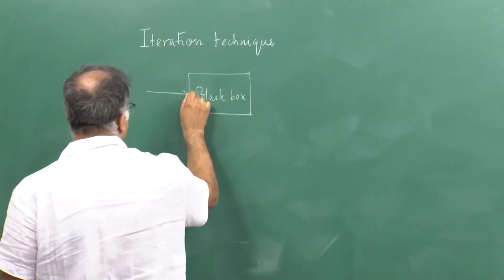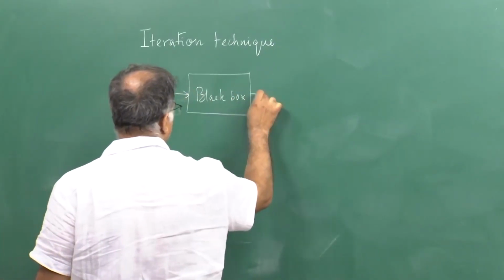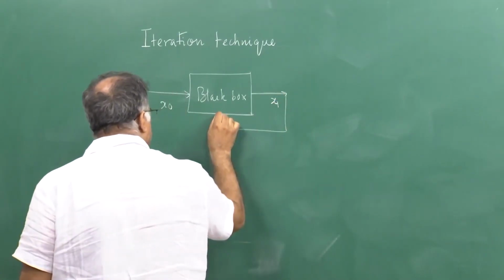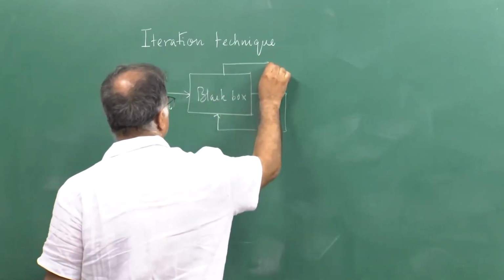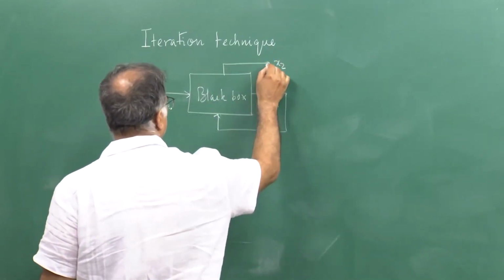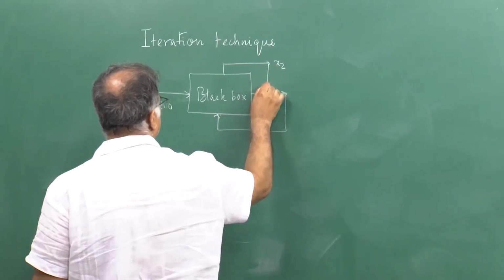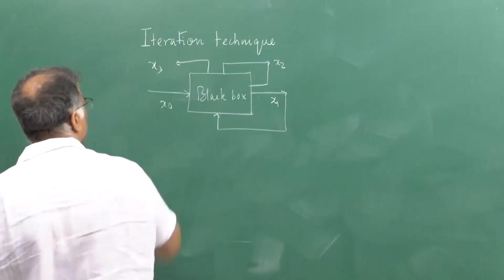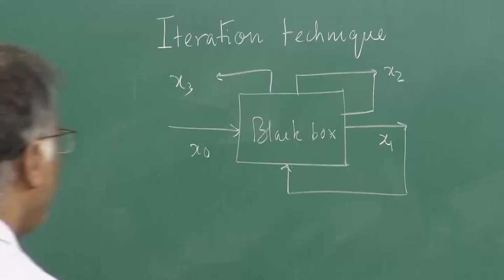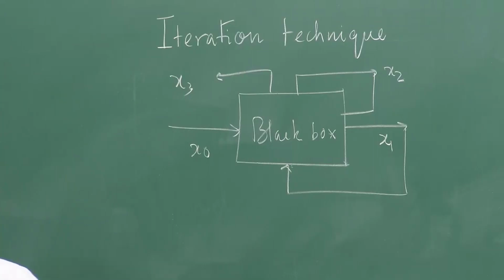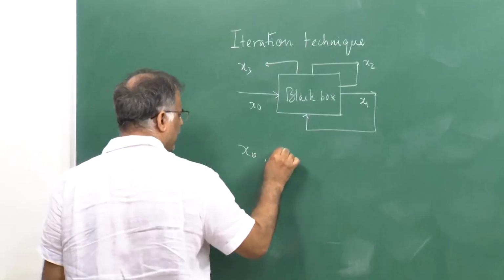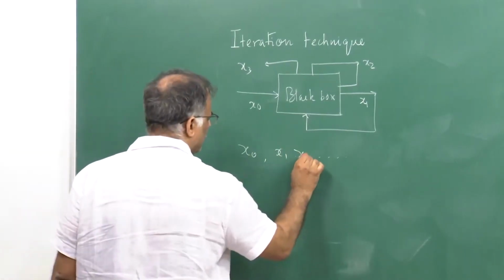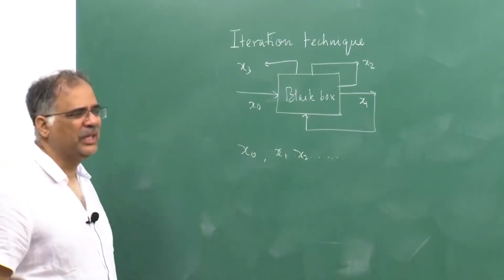So, you put in some x0 and out comes x1. Now, you feed back that x1 into the same mechanism and out comes x2, which when you again feed back into the black box, out comes x3 and so on. So, this is called the iteration technique, and by doing so you generate this sequence x0, x1, x2 and so on.